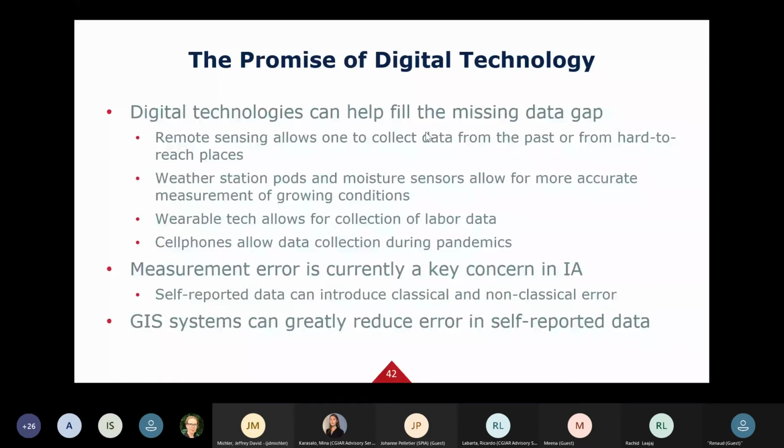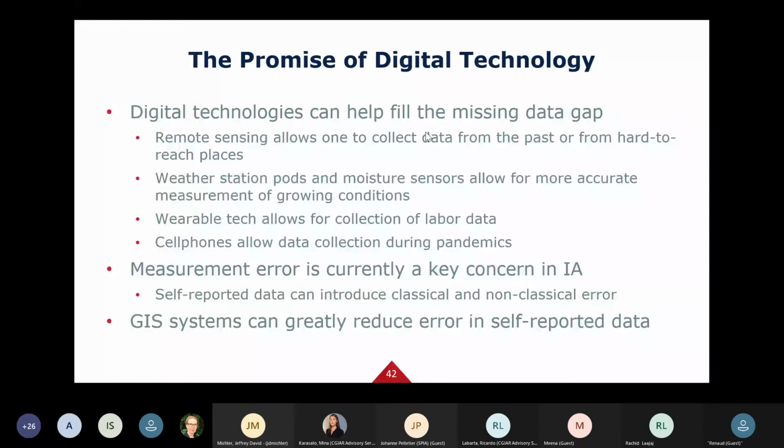I know Tom Evans is on the call. He's worked a lot in Zambia with these weather station pods. They allow us to collect a lot more data from a localized place than remote sensing or a standard weather station would. There's recent work on moisture sensors. You can buy very cheap moisture sensors now, put them in the ground, and these can give us a lot more and more accurate data on growing conditions.